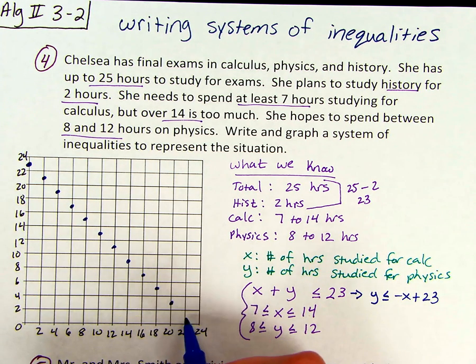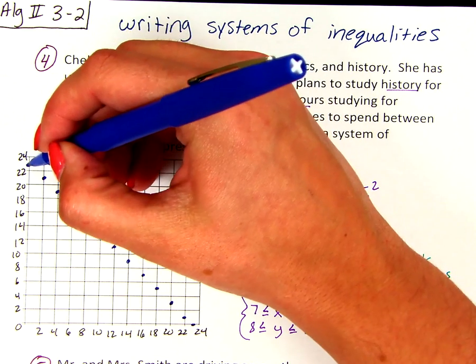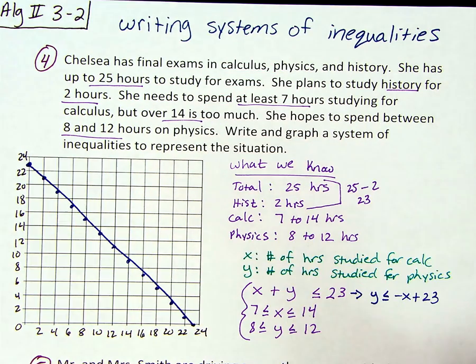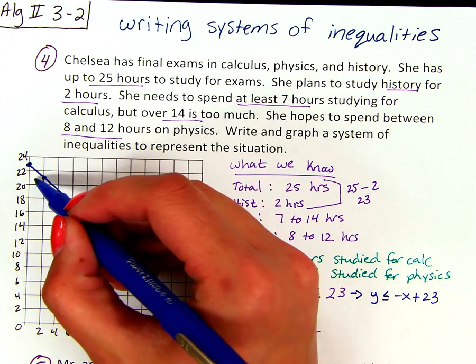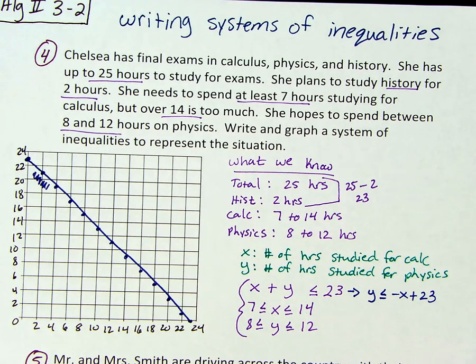Usually for these problems, because sometimes we'll be asked to find the intersections, I like to do more points just so that I make sure that my line is nice and straight, or if it's not, I at least know where the point is supposed to be. And then since it's less than, we're going to shade below. So I'm just going to put a little shading underneath the line up here to remind myself of that. And then we'll do the overlap shading at the very end of our problem.